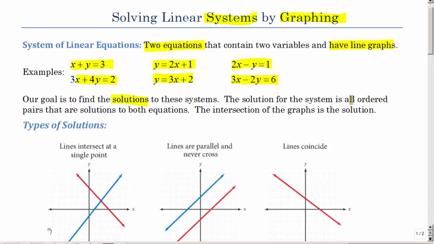The solution for the system is all ordered pairs that are solutions to both equations, meaning the x and y value has to work not only in one equation, but also has to be true in the other equation. The way we're going to find that today is by graphing it, and where the graphs intersect is the solution.